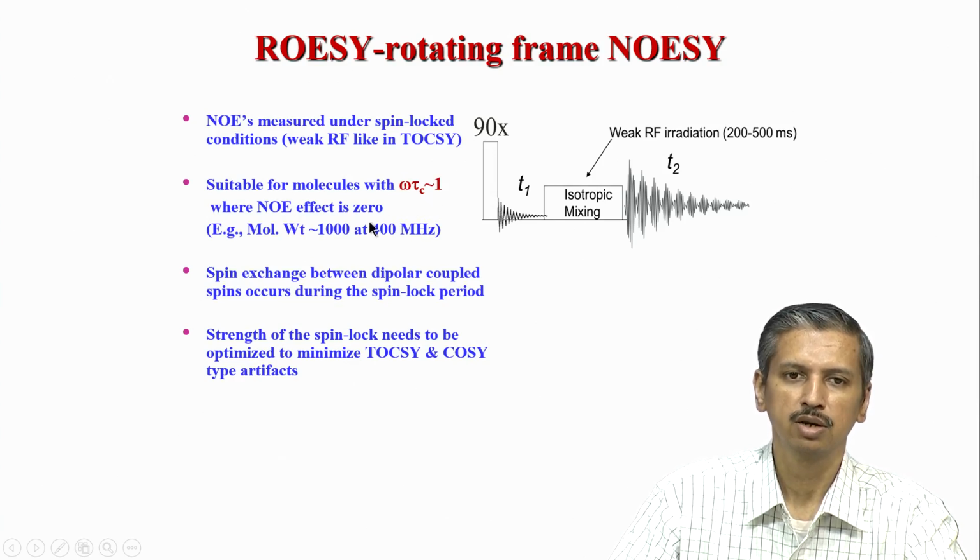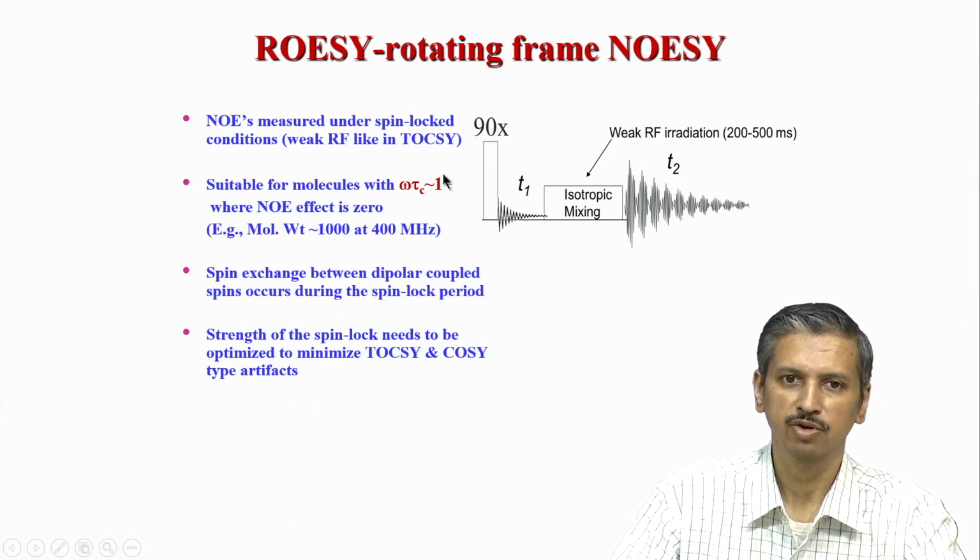There are two possibilities again, which we discussed in the previous class. One is we can change the temperature. If you change the temperature, you can actually go to a lower or higher tau c value. So, if I increase the temperature, my tau c will decrease, or if I decrease the temperature, my tau c can increase. So, by just changing the temperature, I can come out of this condition.